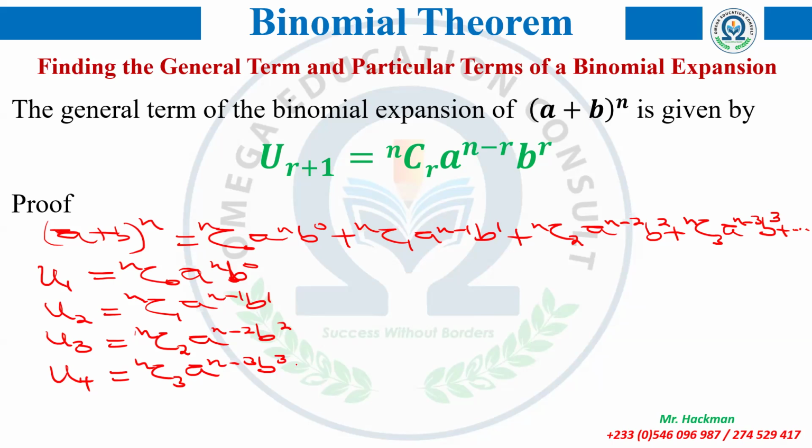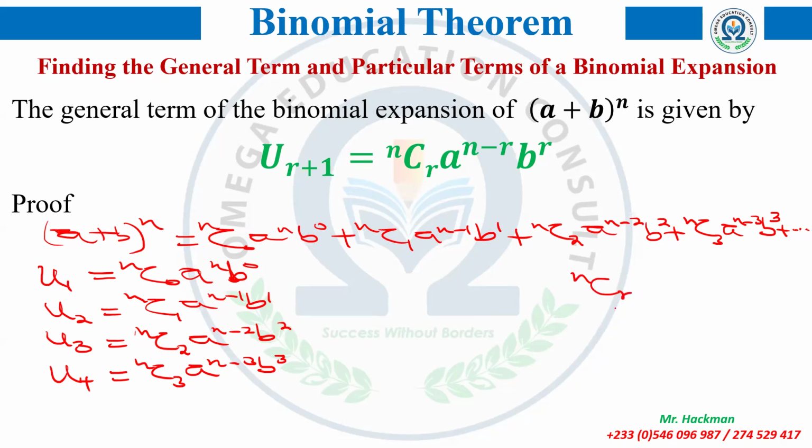Now, at this point, we are going to stop and do a little bit of observation and analysis. If you look at what we have before us, I want your full attention here. In terms of combination, anytime you are dealing with combination, you should always have n combination r.